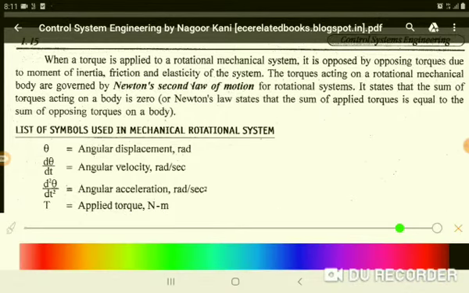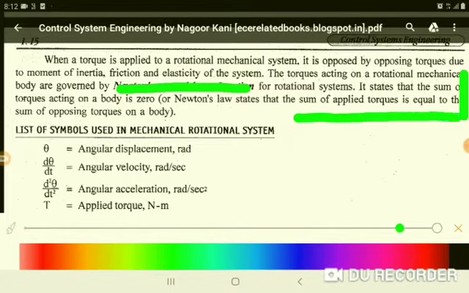Due to the moment of inertia, friction and elasticity in a system, we have an opposing torque. Then according to Newton's second law of motion, it states that the sum of torques acting on a body is 0, or the sum of applied torques is equal to the sum of opposing torques.